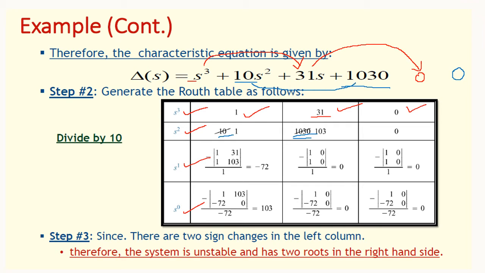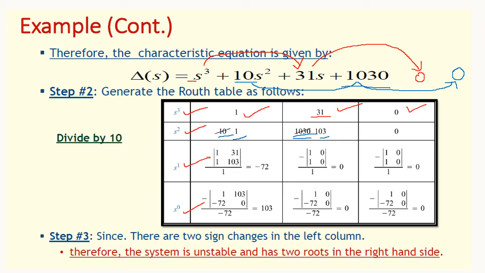Now, since we need some constant value, we can easily divide this to reduce the complexity, or you can directly multiply as it is. Both will give the same value. There is no change in the value. So since we have divided by 10, I can write this as 1. Here we can write it as 103.